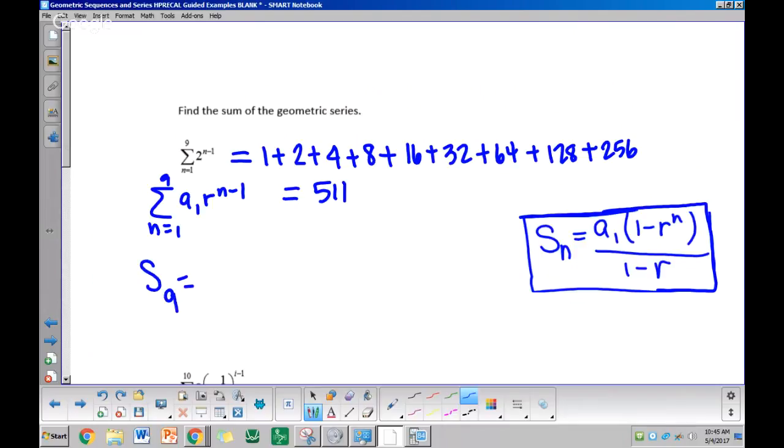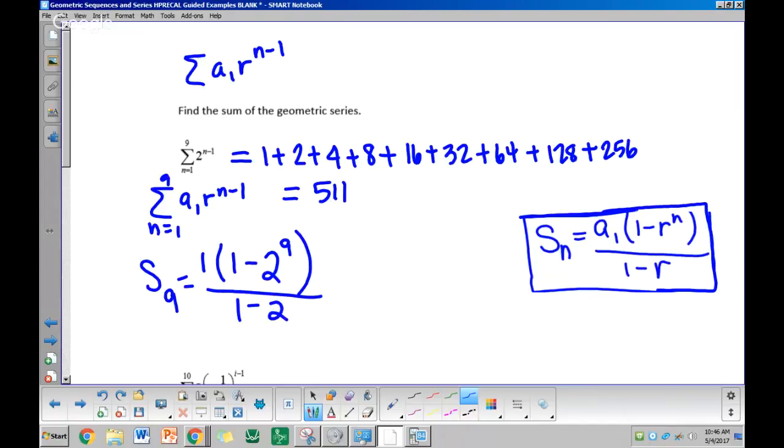Using my formula, this is going to be a sub 1. Well, what is a sub 1? It's the one in the first spot, which is 1. That's nice. Times 1 minus r. Well, what is r? The difference. Oh, it's 2. You see it? 2 to the 9th, very nice, because we're using this formula, all over 1 minus 2.